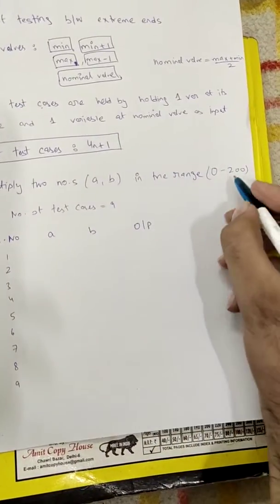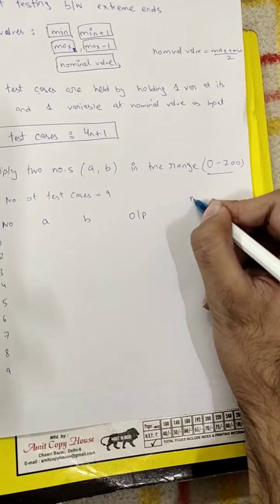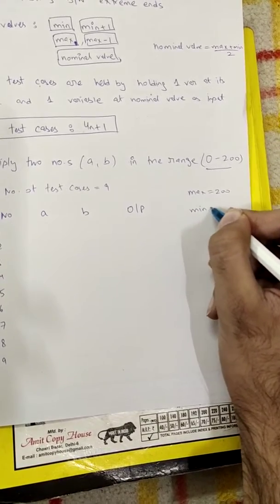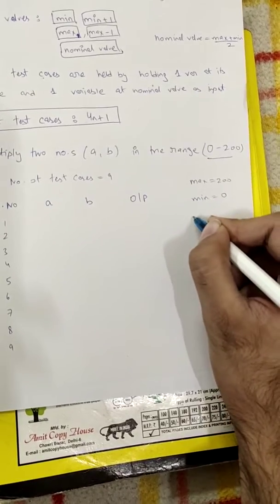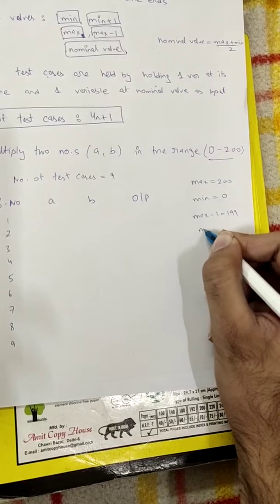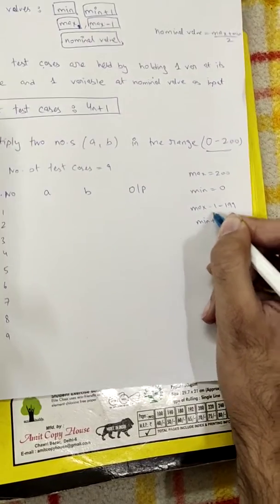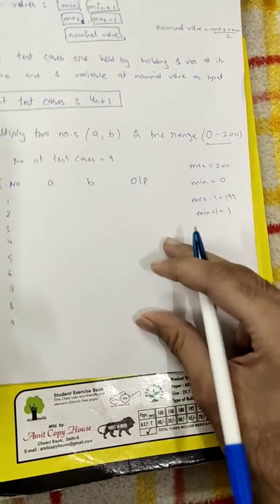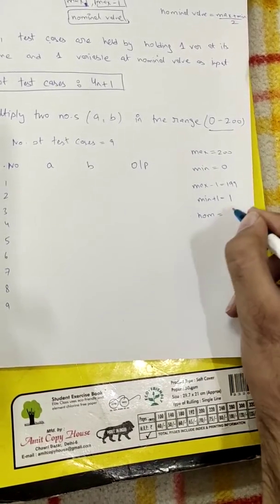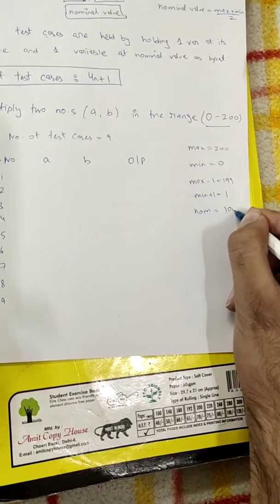So we are given the range 0 to 200. So maximum value is 200, minimum value is 0, the maximum minus 1 value is 199, and the minimum plus 1 value is 1, and the nominal value would be 0 plus 200 by 2, that is 100.